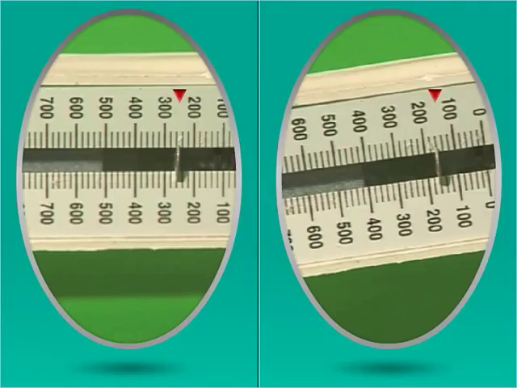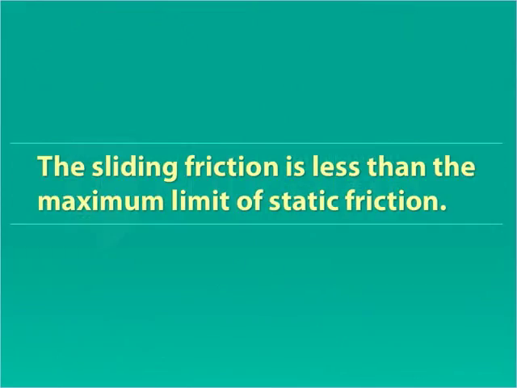This means that sliding friction is less than the friction needed to begin the motion, and so we have to apply only a less force to maintain the motion. Therefore, we can say that the sliding friction is less than the maximum limit of static friction.